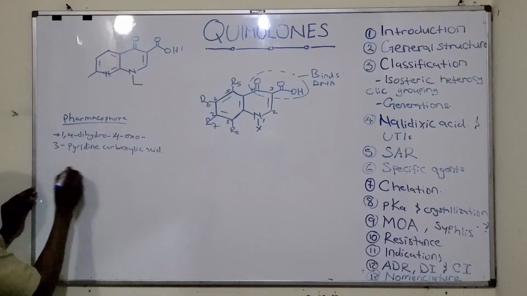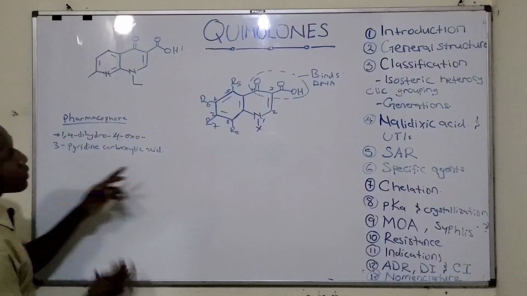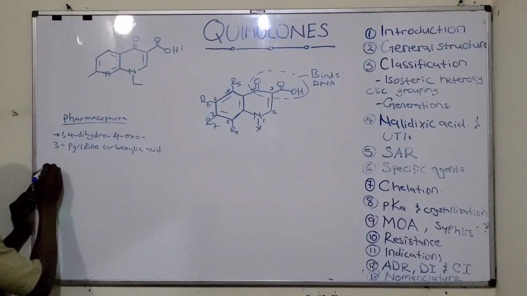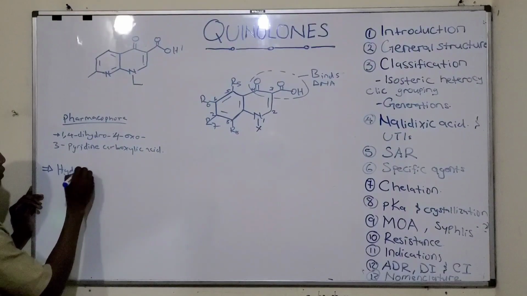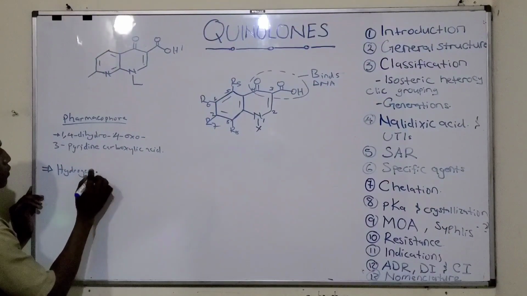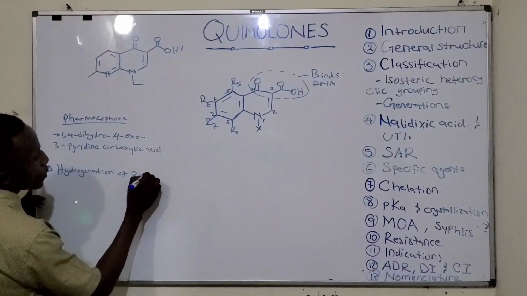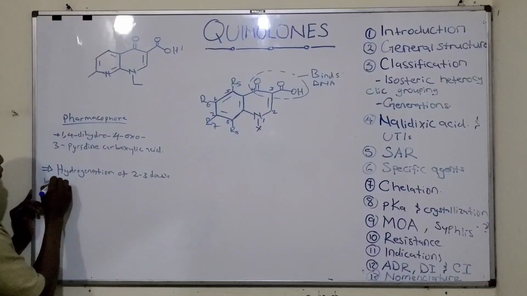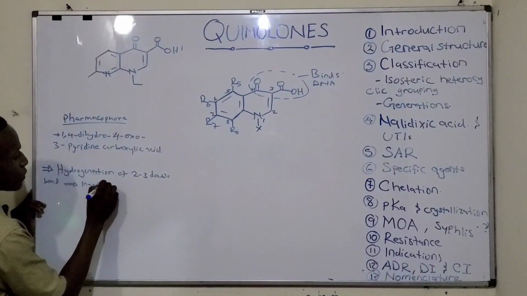Before position 1, we have this bond. Hydrogenation of the 2,3 double bond leads to an inactive compound.